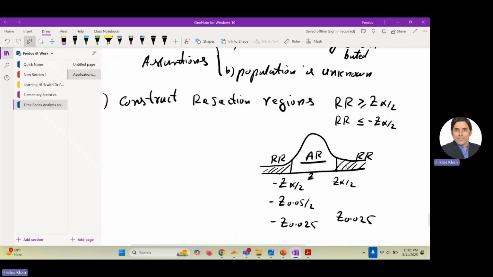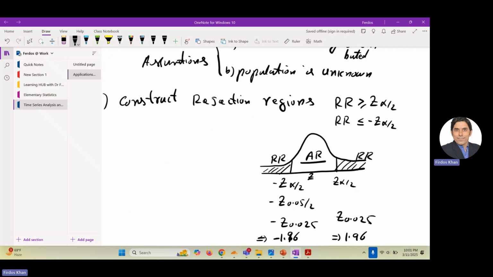But that is difficult. You don't need to do that. Due to symmetry, we can see only this point in the table, and we have this value as well. So from the table, this value is minus 1.96, and this value is, of course, 1.96, positive and negative.